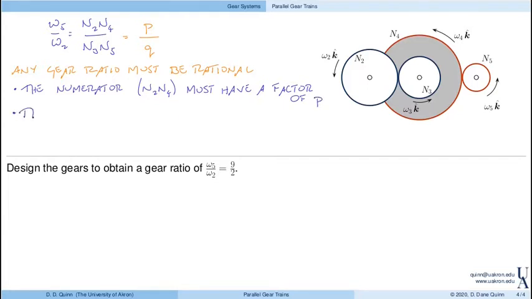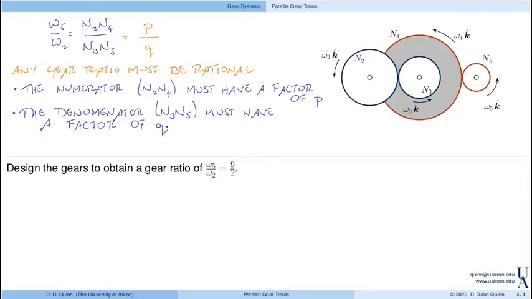Likewise, the denominator, and that's going to be N3 times N5 in this case, must have a factor of q.